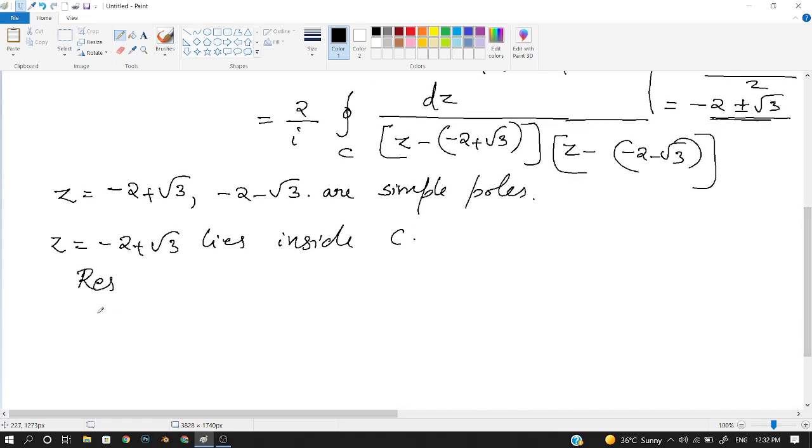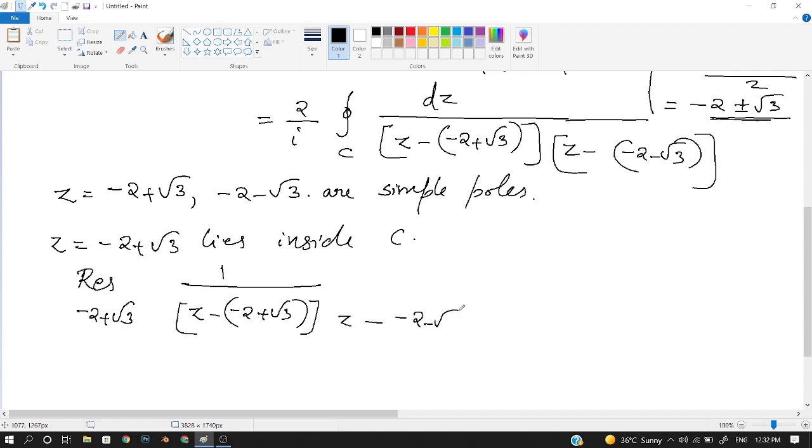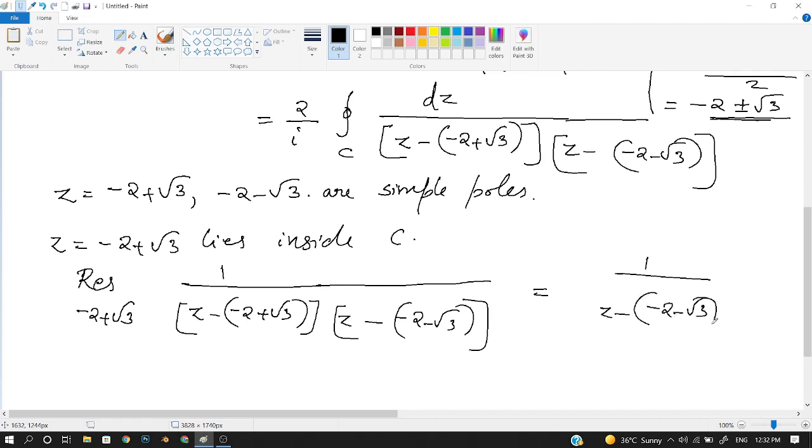So residue at minus 2 plus root 3: our function is 1 by z minus (minus 2 plus root 3) into z minus (minus 2 minus root 3), and this is equal to 1 by z minus (minus 2 minus root 3) at z equal to minus 2 plus root 3. So that is equal to 1 by 2 root 3.